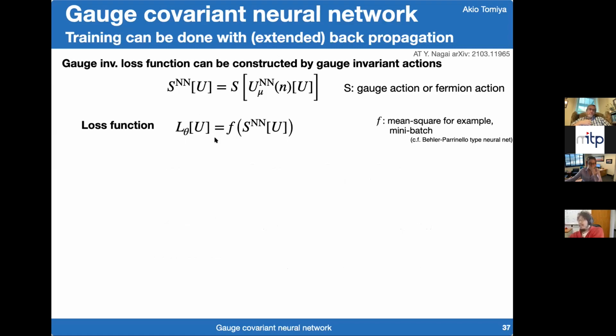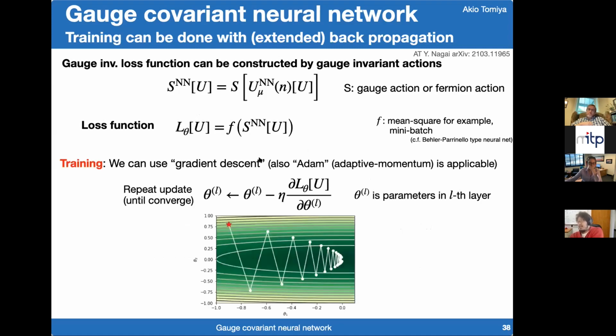And we can construct a loss function using some familiar loss function. This can be a mean square or whatever you want. Of course, we can use gradient descent as usual, and we can use the adaptive momentum optimizer as usual to train the network. The update or training can be done in this form.